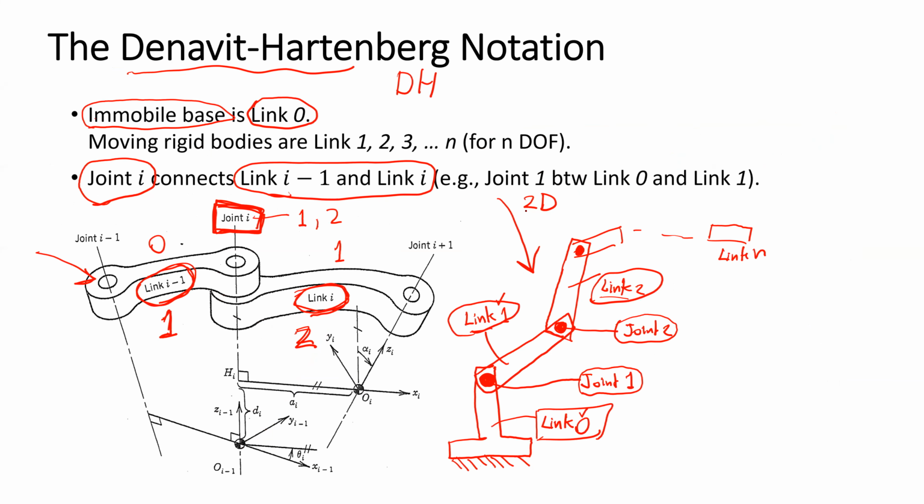If we go back to the 2D picture, the axis of rotation of joint 1 may be pointing out from the paper. This line points outward from the screen. Joint 2 also has its axis of rotation pointing outward from the screen.